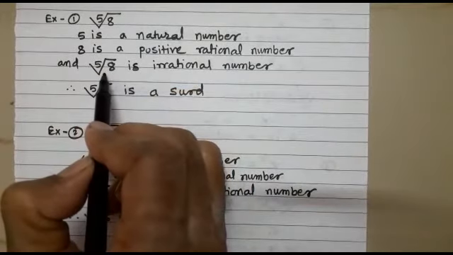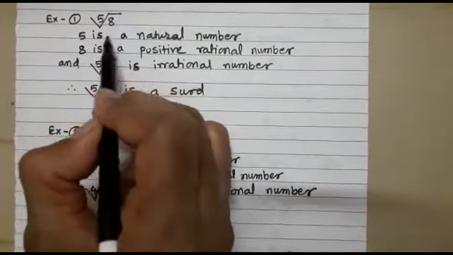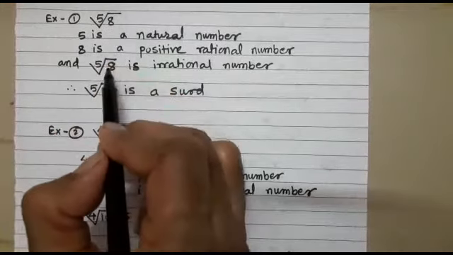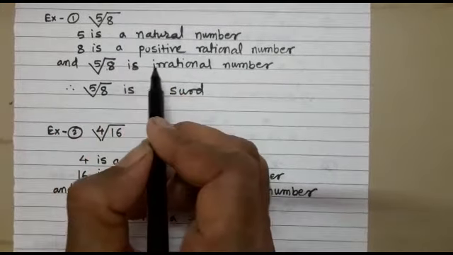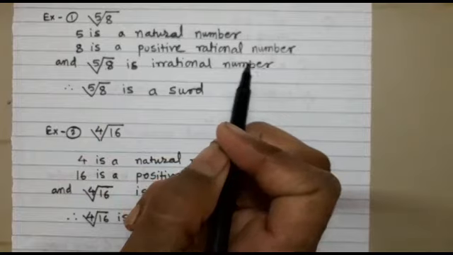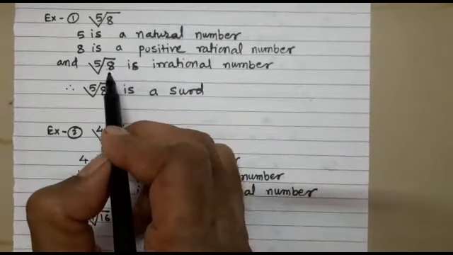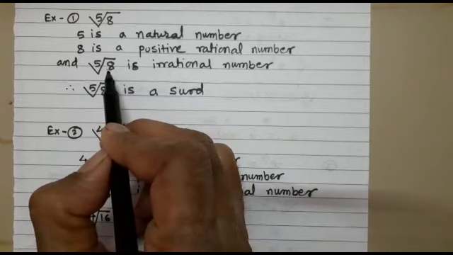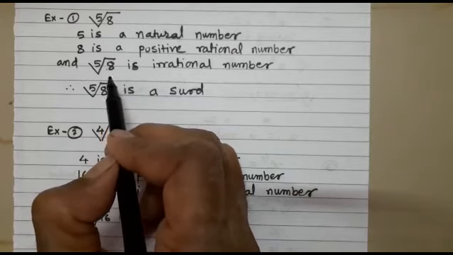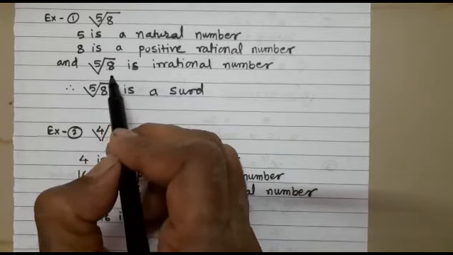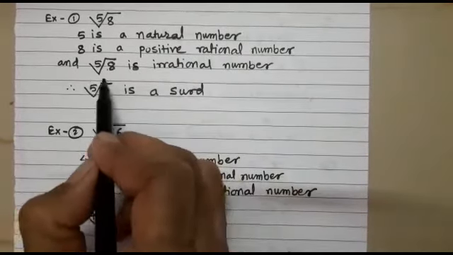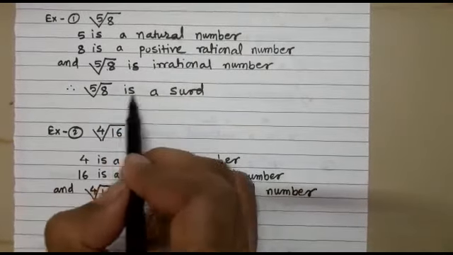Now the third condition: if the whole number, fifth root of 8, is an irrational number, and yes, it is irrational. Why? 8 is not the fifth power of any integer or any number. That's why it is irrational. So this fifth root of 8 is a surd.